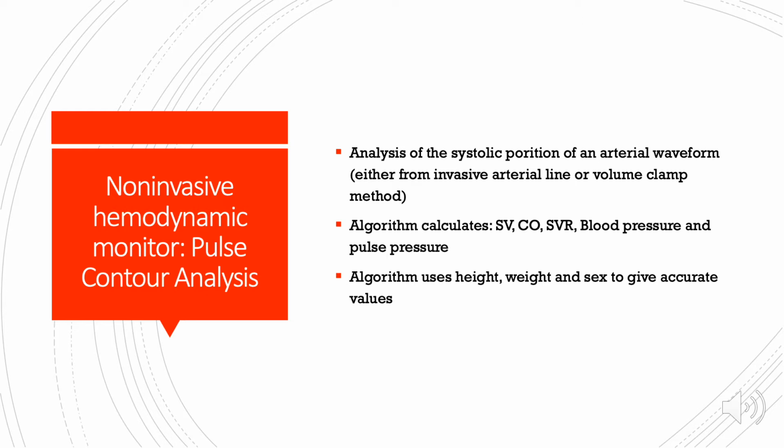Then the analysis of the systolic portion has an algorithm that takes into account your height, your weight, sex, and other demographics, and generates values such as stroke volume, cardiac output, systemic vascular resistance, blood pressure, pulse pressure, but most importantly, cardiac output.